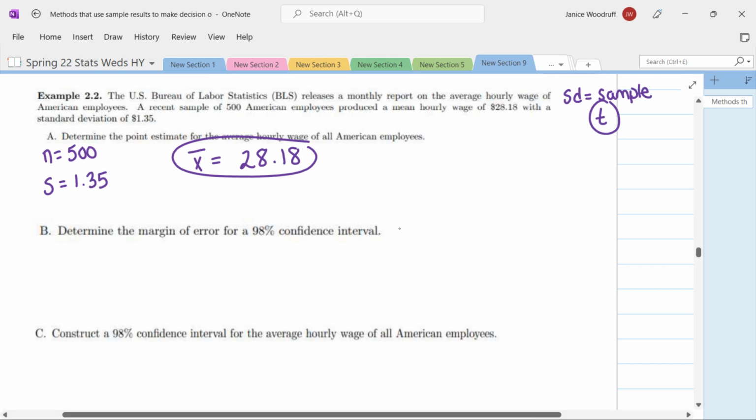All right, margin of error, t times the standard deviation of x bar. Let's go ahead and find that. So that's going to be our 1.35 divided by the square root of 500. So 0.0604.